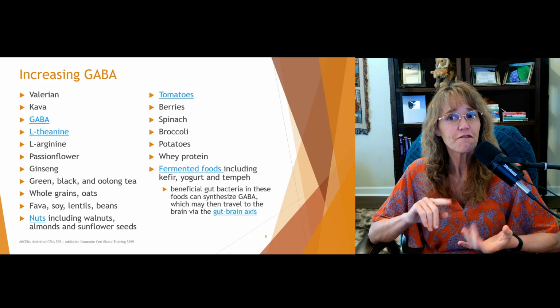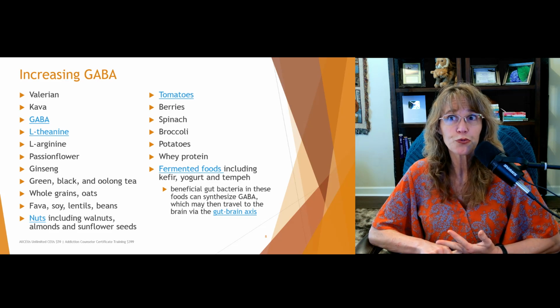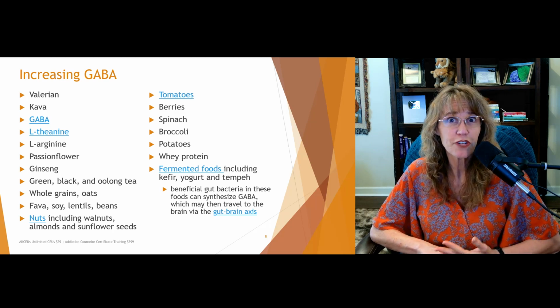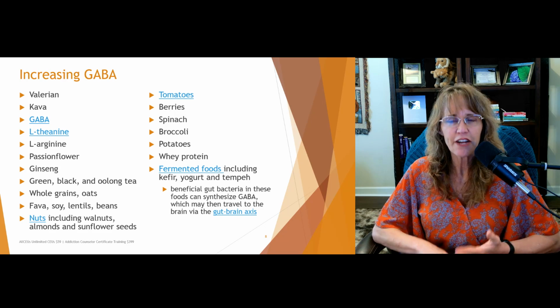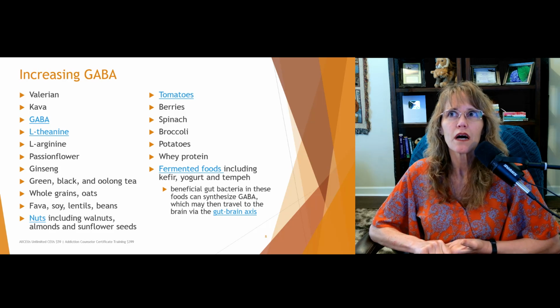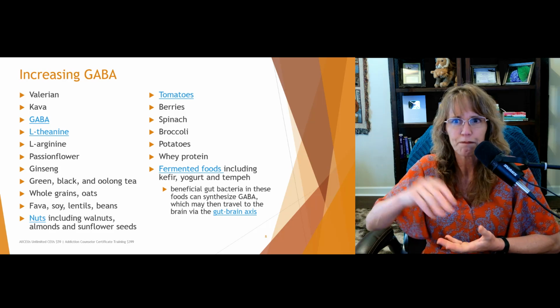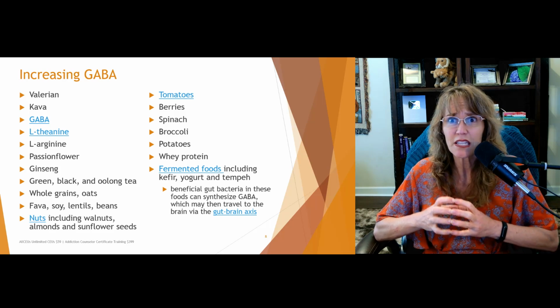However, valerian root and kava are both known to have anxiety reduction properties as a result of increasing GABA levels. Valerian, kava, and GABA themselves, because they're increasing GABA, also increase serotonin.